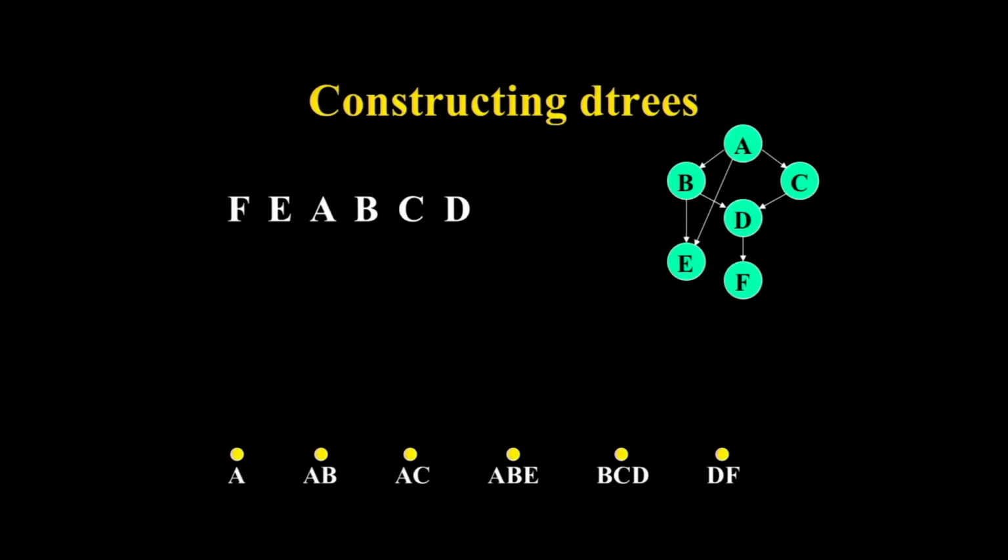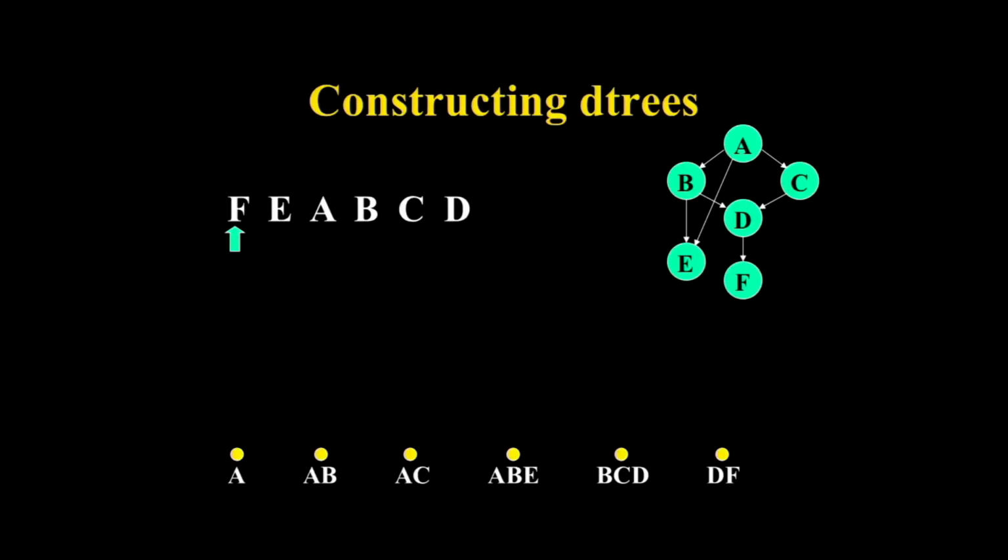You start by simply laying out the families of the Bayesian network. Remember, what is a D tree? It's a binary tree over the families. So you start like this, and very simple. You go over the elimination order variable by variable. When you look at a variable, you ask yourself, what subtrees do I have that mention that variable? I want to wire them up.